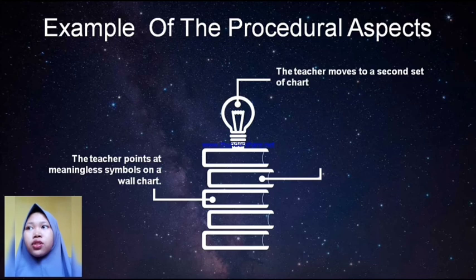Second, after the students can pronounce the sounds, the teacher moves to a second set of charts containing words frequently used in the language, including numbers. The teacher leads the students to pronounce the long numbers.